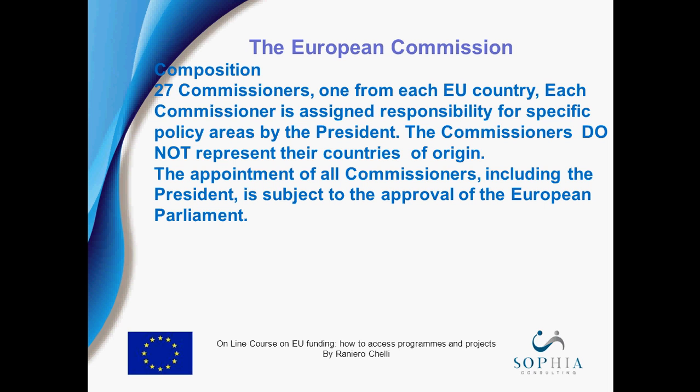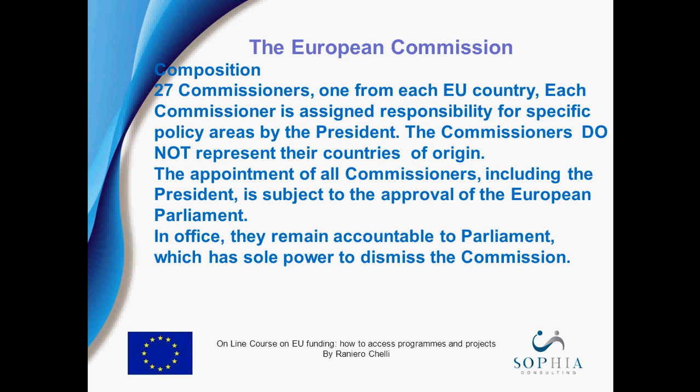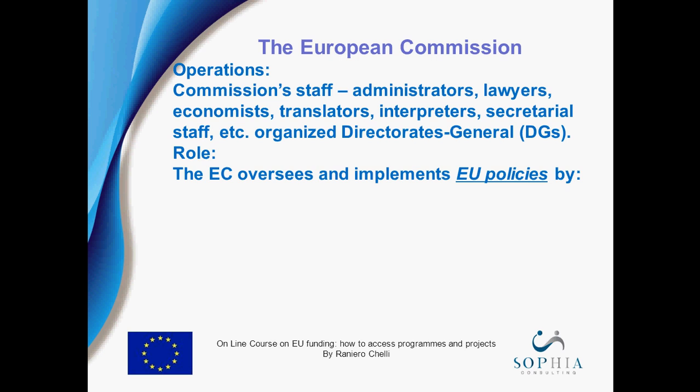The appointment of all commissioners, including the President, is subject to the approval of the European Parliament, and they are accountable to the Parliament. The Parliament has the sole power to dismiss the Commission, so the Parliament is very strong with respect to the Commission. But the operations require a huge number of Commission staff, tens of thousands, administrators, lawyers, economists, and so on, organized in Directorate General.